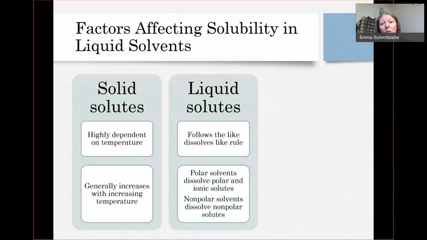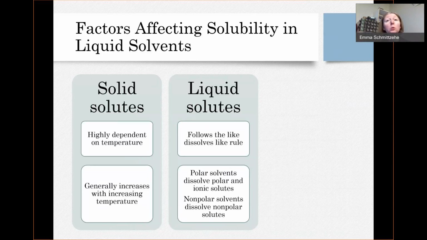Polar solvents will dissolve polar solutes and ionic solutes. Okay, so polar things have dipoles. So they have these permanent dipoles. And so they want to interact with another permanent dipole or a permanent charge.